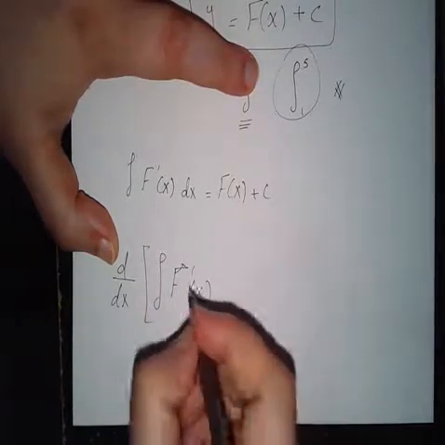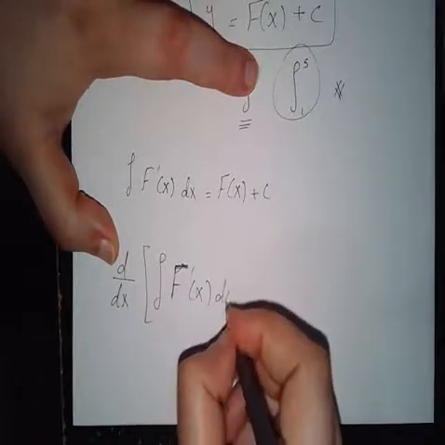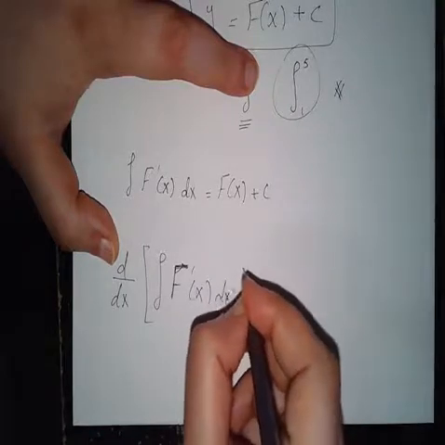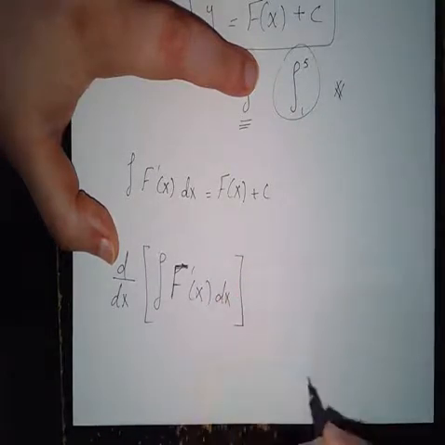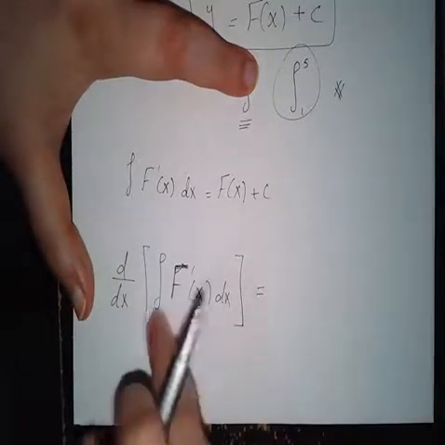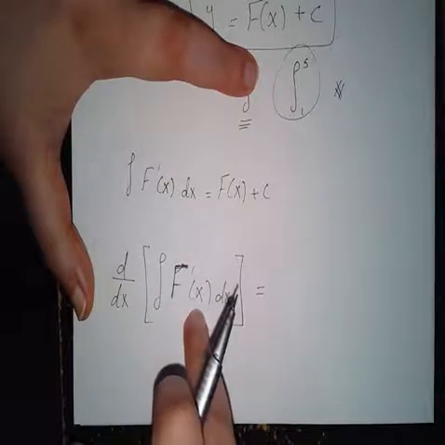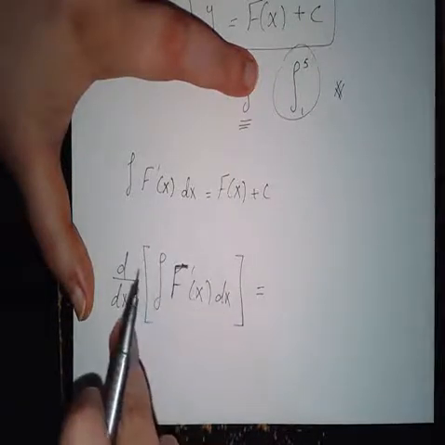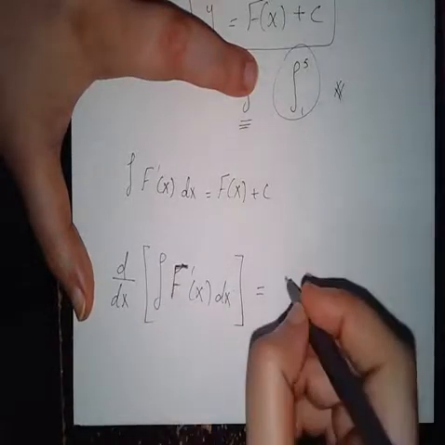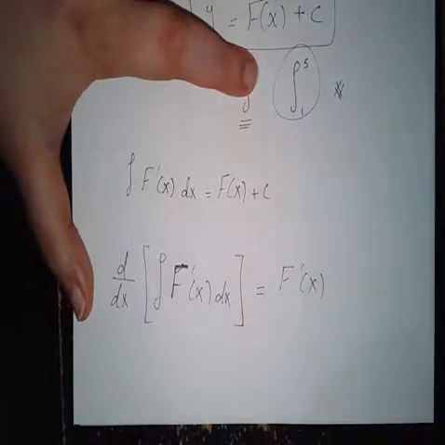So the derivative of the integral of f prime of x dx equals, so over here you're taking the integral of f prime and you are differentiating it again, so that should lead you back to f prime, right?